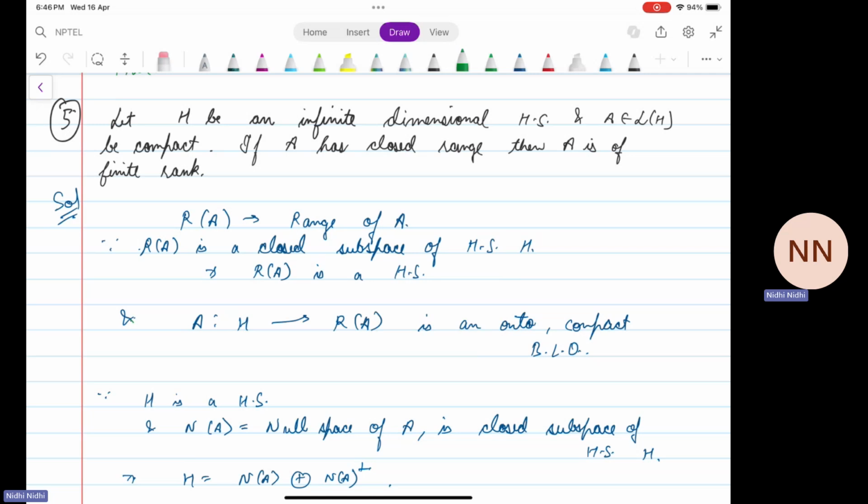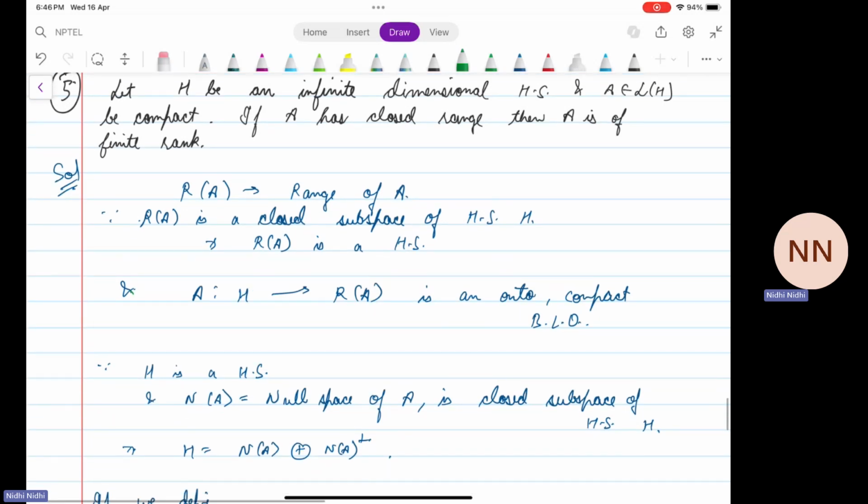And clearly, if we define A from H to the range of A, then obviously this is an onto compact bounded linear operator. Now, since H is a Hilbert space and the null space of A, being the inverse image of the singleton 0, is a closed subspace of H, it can be complemented. That means H can be written as Na direct sum with the orthogonal complement of Na.